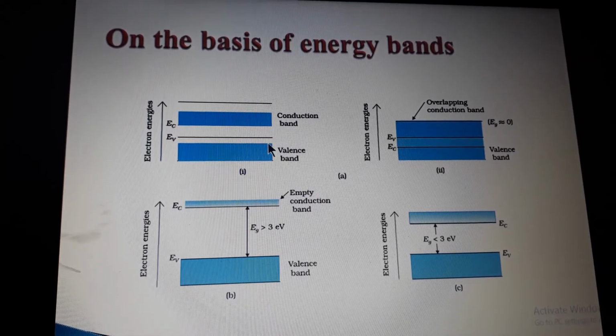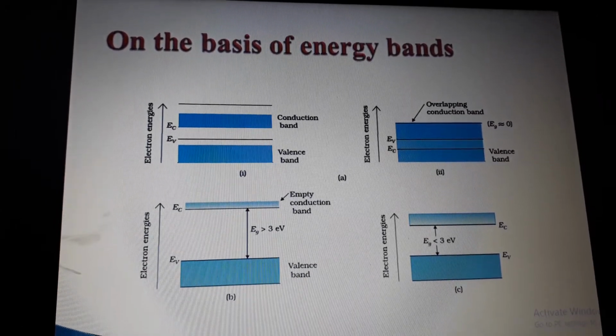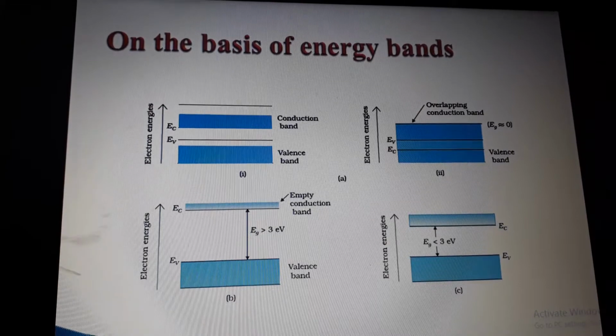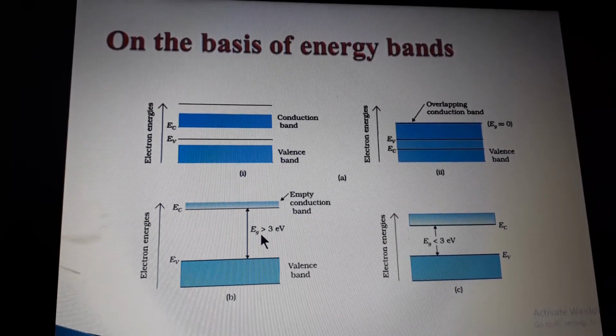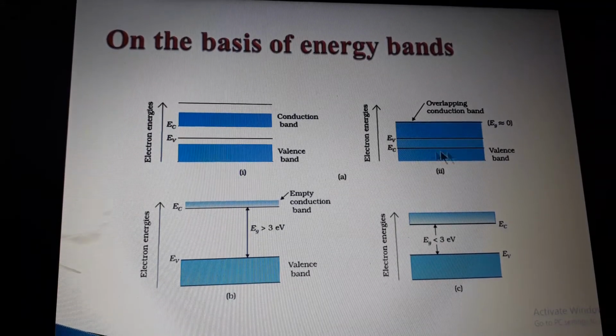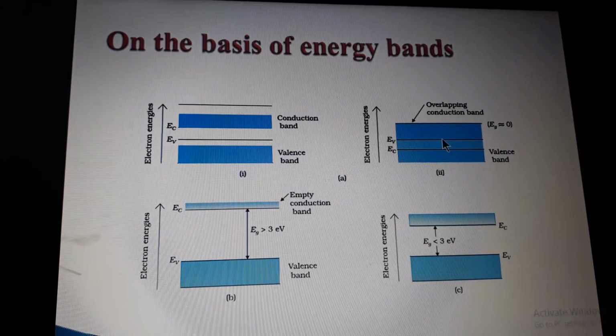That gap is called the energy band gap, and the symbol is Eg. Eg means forbidden energy gap.